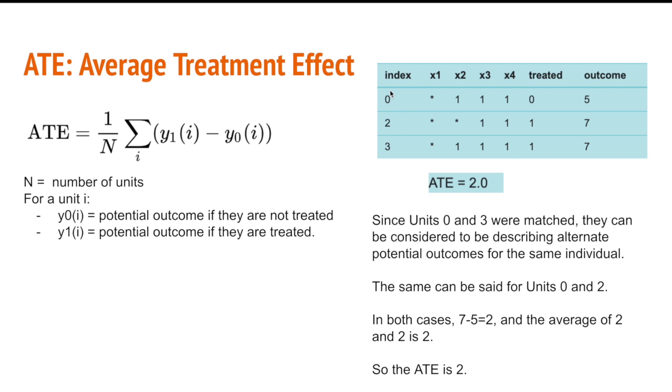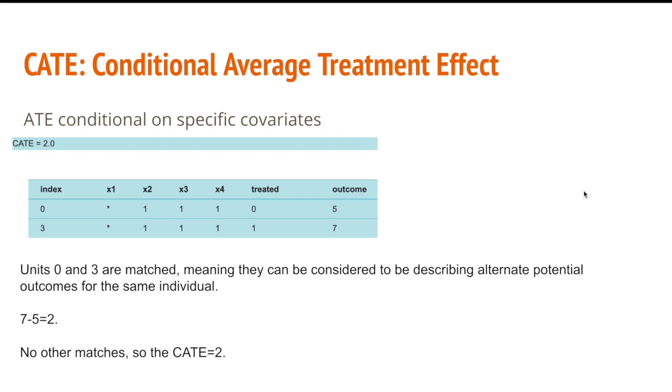Since units 0 and 3 were matched, they can be considered to be describing alternate potential outcomes for the same individual, and the same can be said for units 0 and 2. So in both cases, the treated outcome is 7, and the non-treated outcome is 5. In both cases, 7 minus 5 is 2, and the average of 2 and 2 is 2, so the ATE is 2.